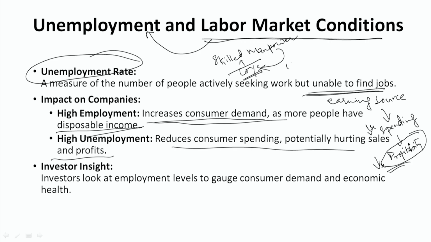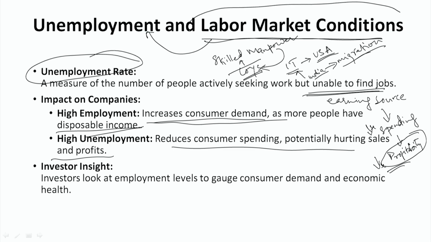You can consider the IT sector in USA, where IT companies are doing well, but the skilled manpower is not available in USA, so they are borrowing it from India or other countries which have skilled manpower. So this leads to population migration, where the skilled manpower is getting transferred to a country which is promoting a particular sector, which has a conducive environment for a particular sector. So this is a different scenario.